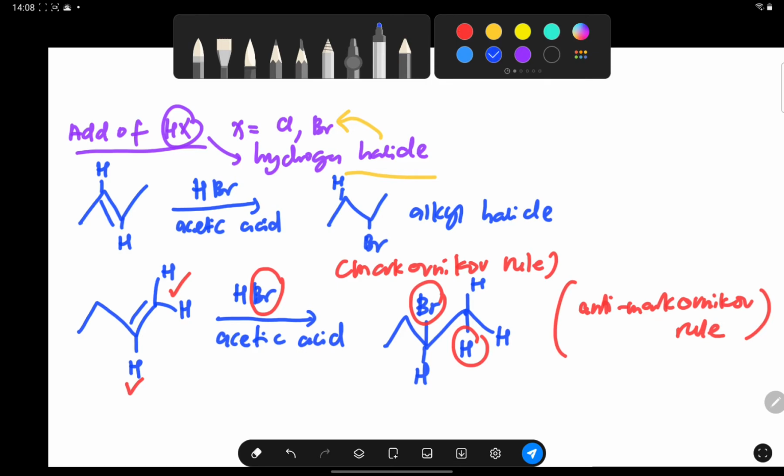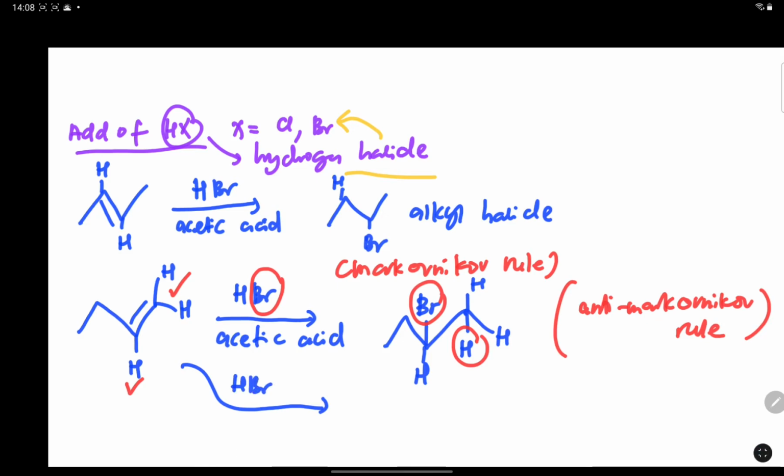So you will follow the anti-Markovnikov rule if you use peroxide condition, or you will see this symbol ROOR. ROOR represents peroxide.